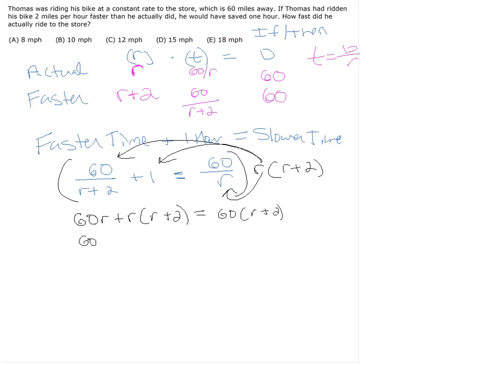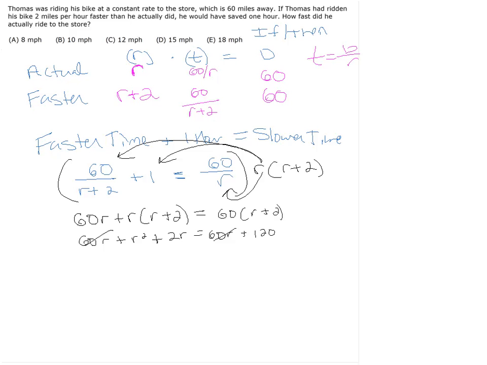This becomes 60r plus r squared plus 2r is equal to 60r plus 120. Many of you just saw the quadratic equation reveal itself. That was hidden before. Okay, we can cancel these 60r's, right? Get rid of those guys. We don't need them anymore.